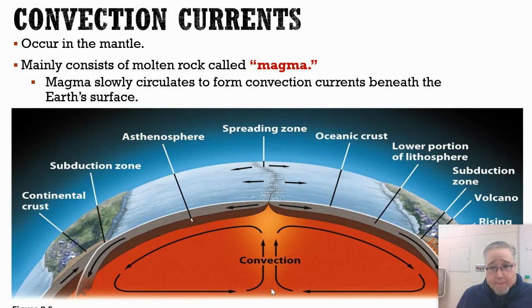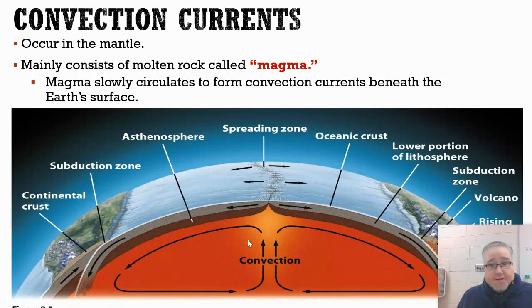Again, if you kind of remember, the core of the Earth produces all this heat that radiates upwards. If you know anything about heat, right? Heat rises. So all that magma is rising from the core level upwards. And as heat rises, you probably also know that it tends to cool. So as it cools, it's actually going to sink, and then it's going to kind of circulate its way around and produce these currents that flow.